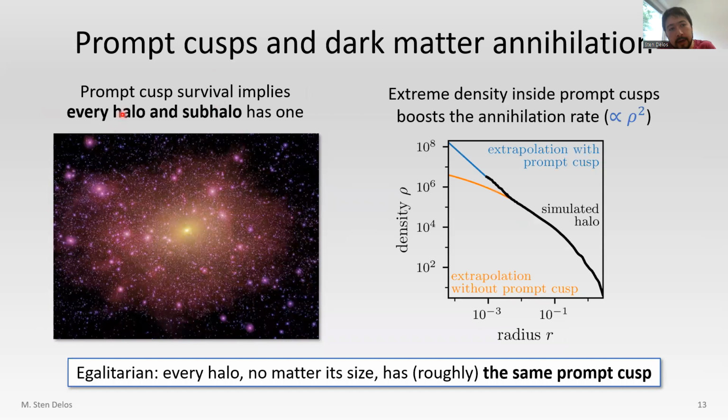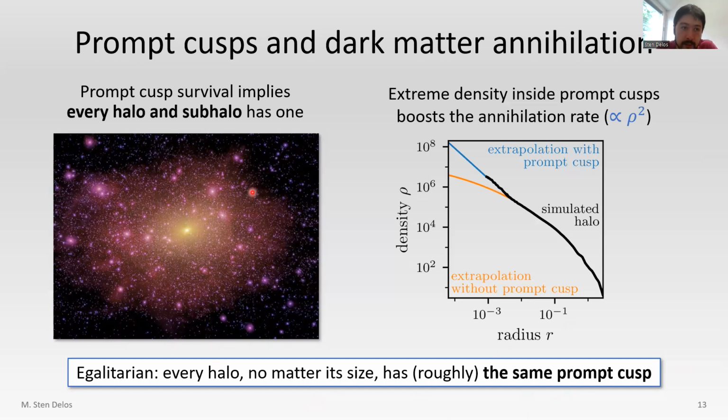So more specifically, remember, we argued that the prompt cusps survive, and therefore every halo and subhalo should have one at the center. Moreover, the extreme density inside prompt cusps would boost the annihilation rate, and this boost is in some sense egalitarian because every halo, no matter its size, would have roughly the same prompt cusp.